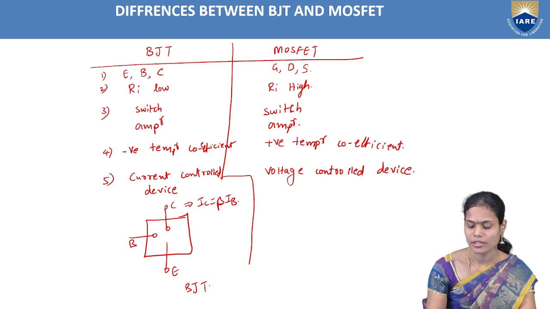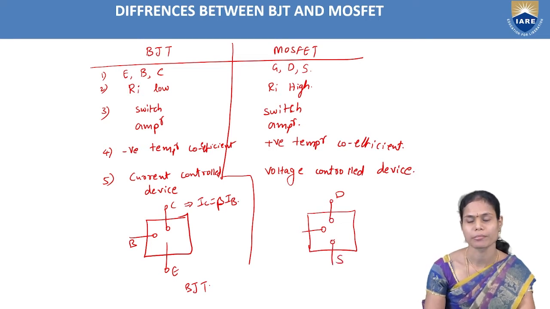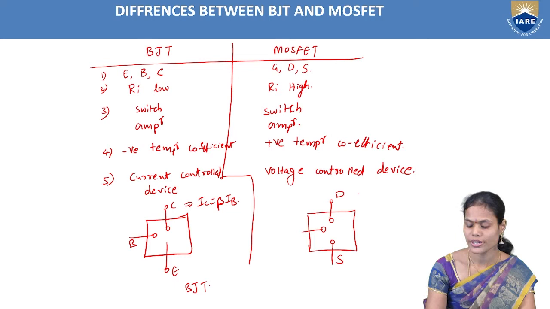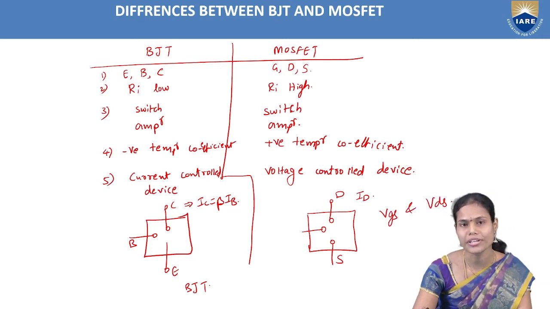Similarly, in the case of MOSFET we have gate, drain and source terminals. Here the drain current ID depends upon the VGS voltage as well as the VDS voltage, that is, the voltage applied between the gate and source terminals as well as the voltage applied between the drain and source terminals.